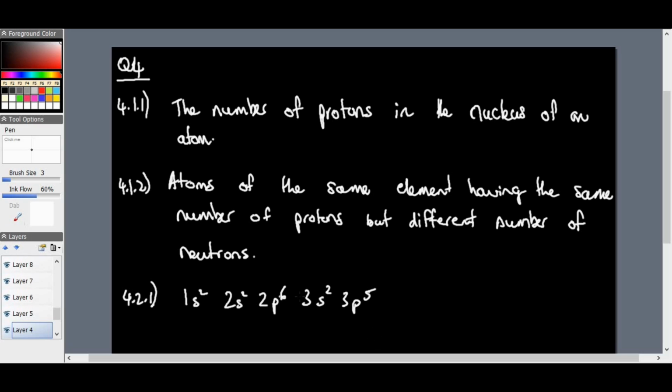That's 2, 4, 10, 12, and 17. That's the SP notation.